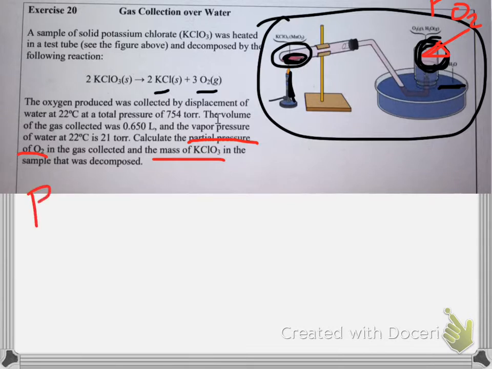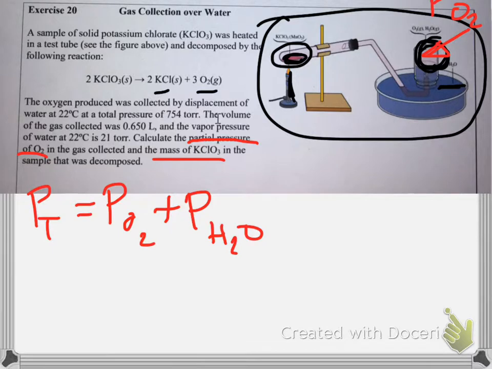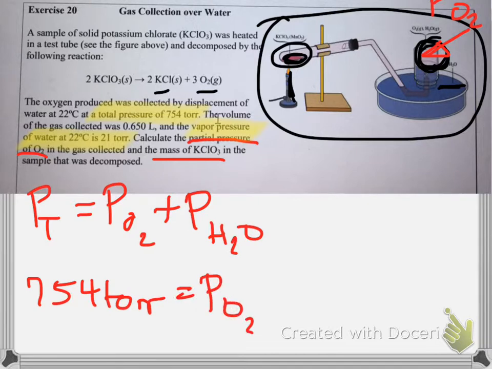We know that the total pressure equals the partial pressure of oxygen plus the partial pressure of the water, because only oxygen and water are in that container. We also know that our total pressure is 754 torr, and the vapor pressure of water at 22 degrees Celsius is 21 torr. So our P total is 754 torr, our P of oxygen is what we want to figure out, and our pressure of water is 21 torr.